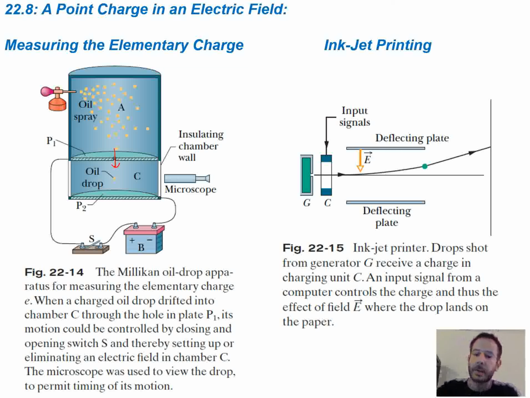Now the second example over here is talking about inkjet printing. So the way inkjet printing works is there's some generator G. It shoots out a particle of ink. It goes through a charging unit, C, and then it goes through this deflecting plate where an external electric field is created.